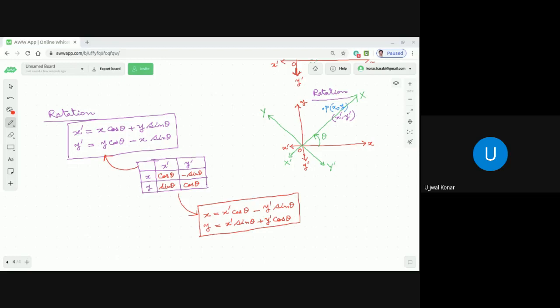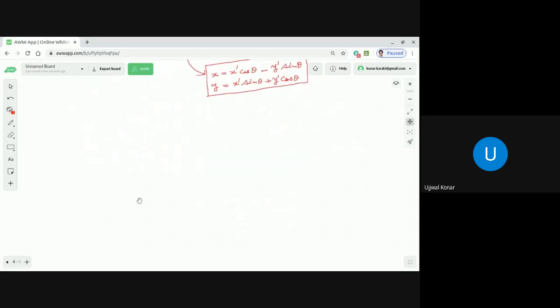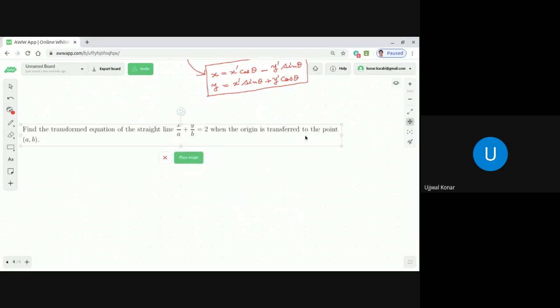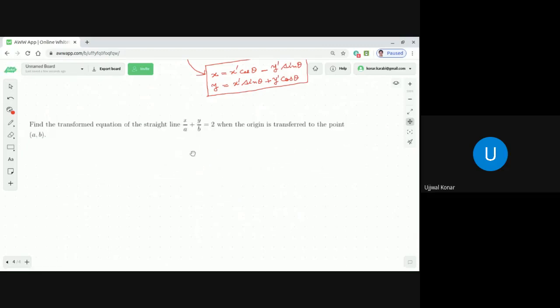Okay. So the first question I'm going to give is something like this. So please open your notebook. So we will solve these questions together. The first question in front of you, dear students, is something like this. Find the transformed equation of the straight line.